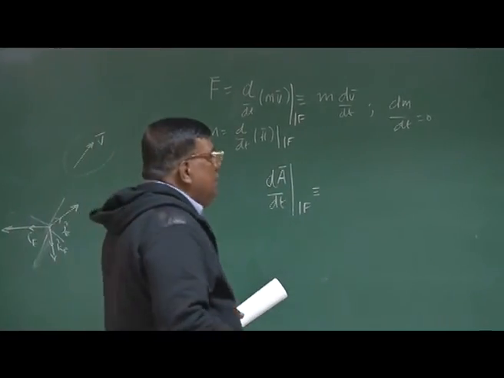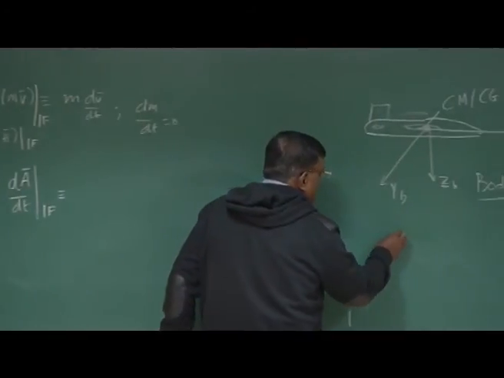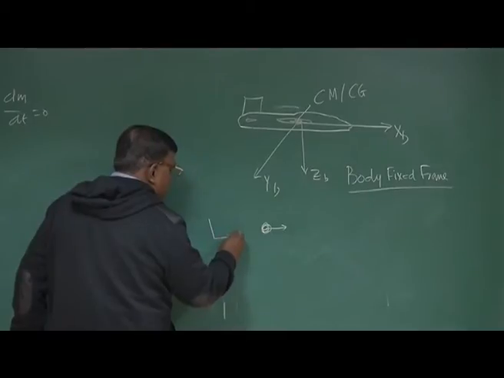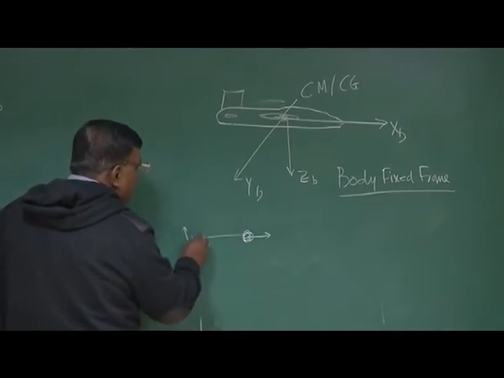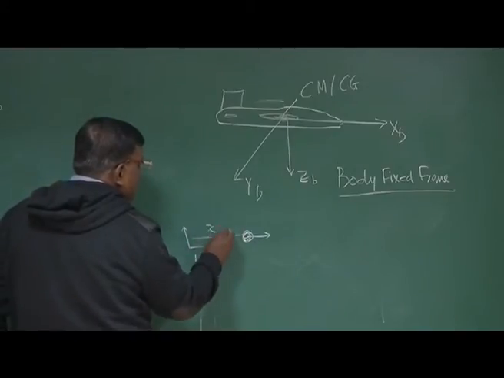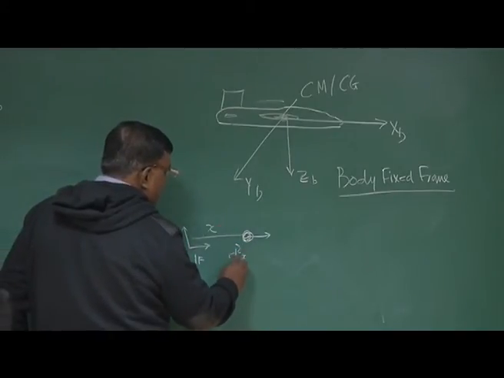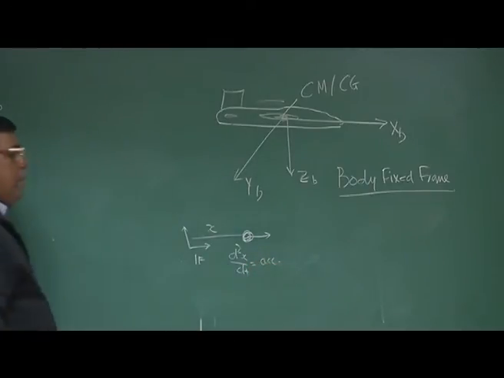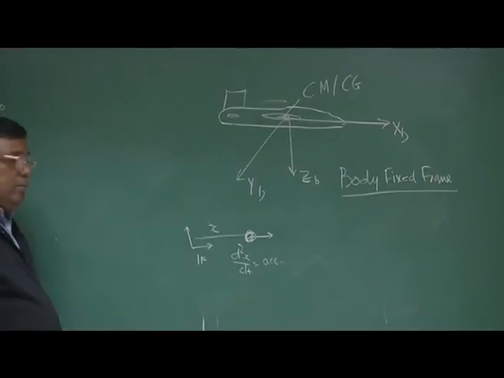For example, if I am measuring acceleration of a body, let's say some axis system is there, I say it is inertial frame, so I know whatever x distance is there, d square x by dt square is the acceleration. Correct? As long as this is inertial frame.